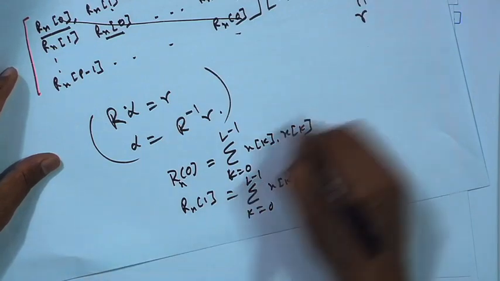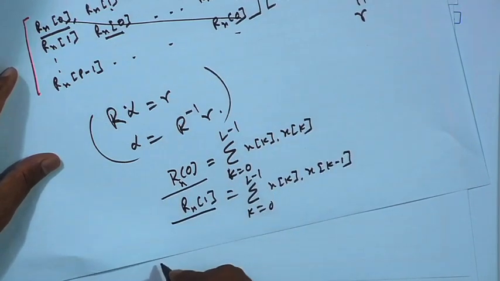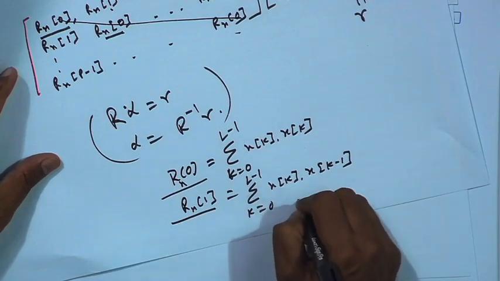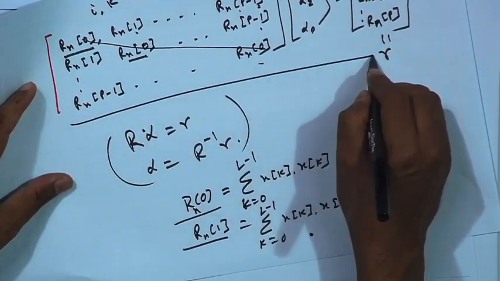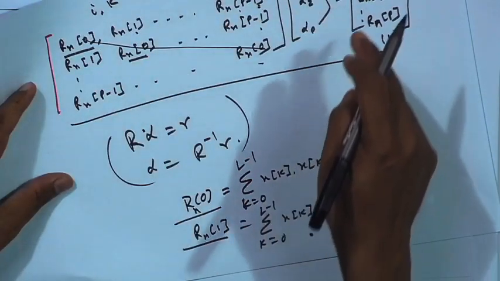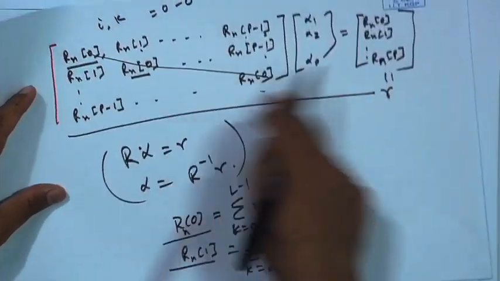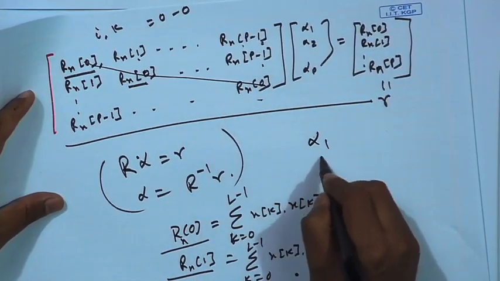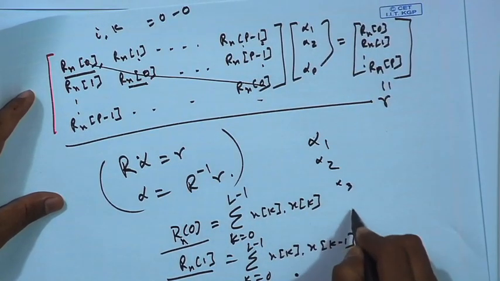I can calculate those autocorrelation values easily from the given signal, put them in this matrix, and using Levinson's method solve for alpha_1, alpha_2, alpha_3 up to alpha_p.